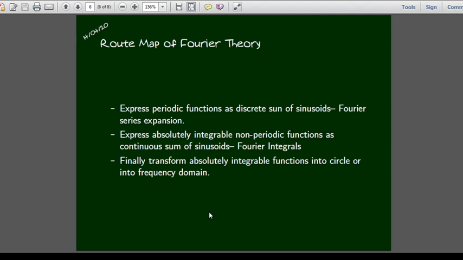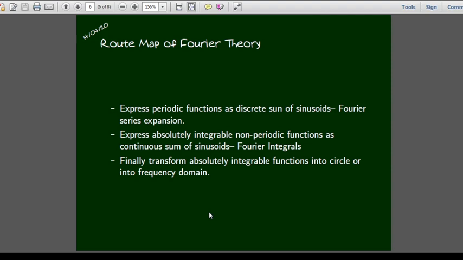Start from periodic function, then go on to non-periodic function with the help of some minor conditions. But in signal theory, the signals are finite energy, satisfying the finite energy condition. Therefore, every signal can be represented as a Fourier series, Fourier transform. That is the idea. Then this Fourier integral will be generalized with the help of complex integration, and also complex representation of functions, and that is the idea of Fourier transform.